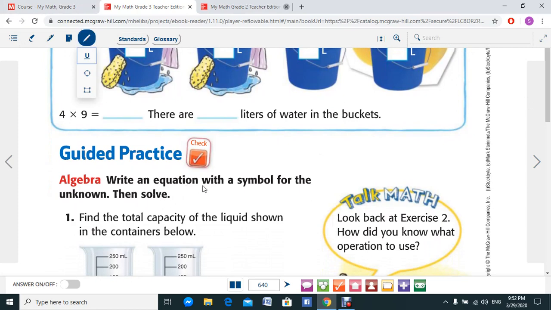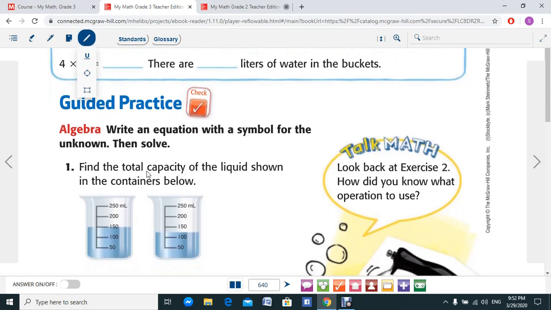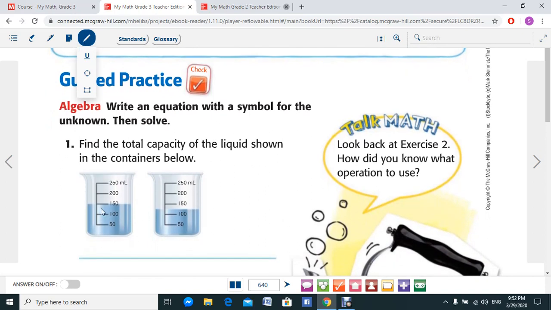Write an equation with a symbol for the unknown, then solve. Find the total capacity of the liquid shown in the containers below. We have 2 containers. The first one contains about 150 milliliters, and the second one contains about 125 milliliters.